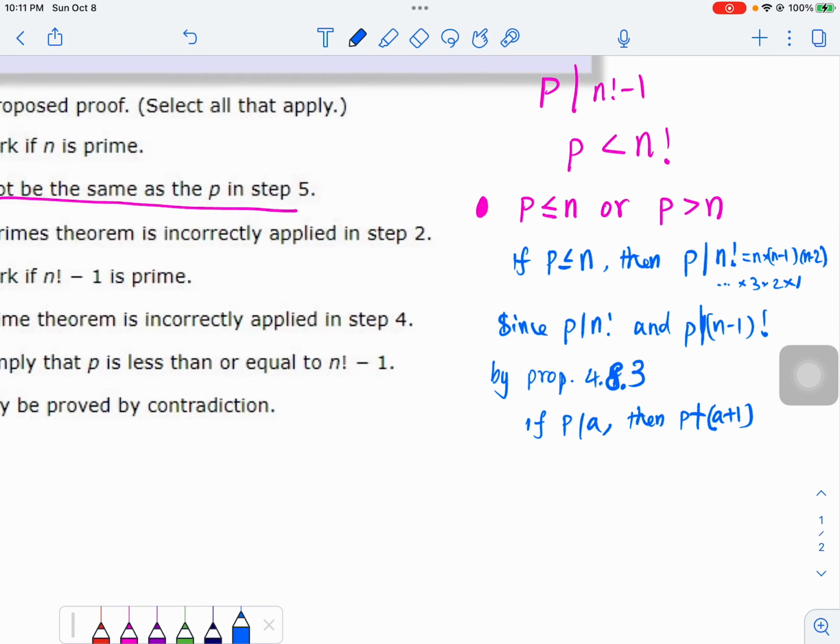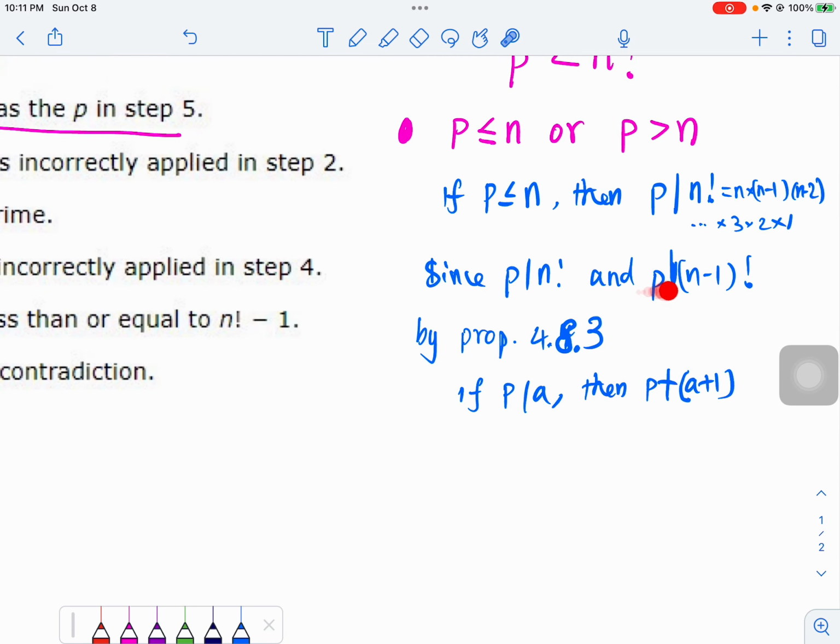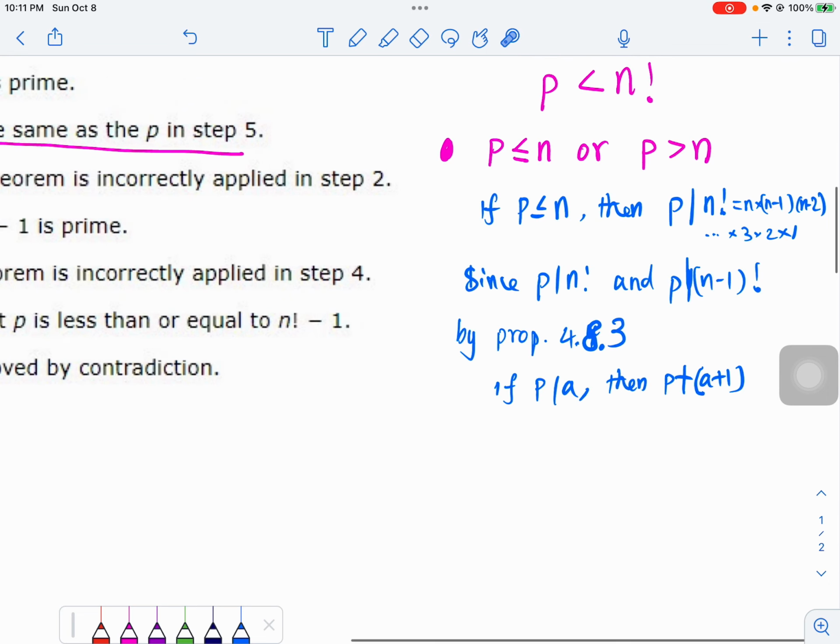Okay, now obviously this will contradict this proposition. Why? Take a look at here. p divides, hang on, sorry, let me quote it carefully again.